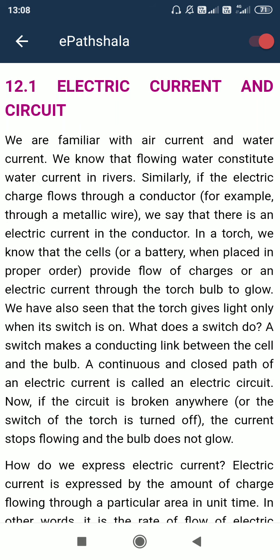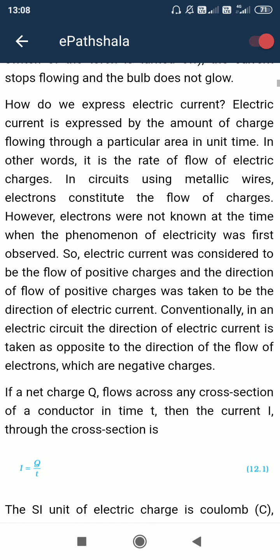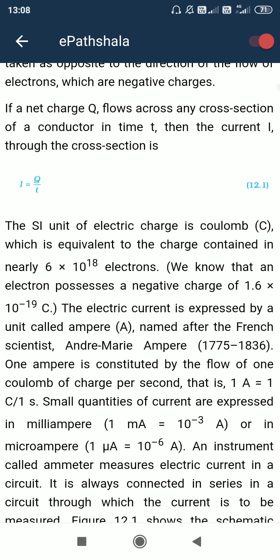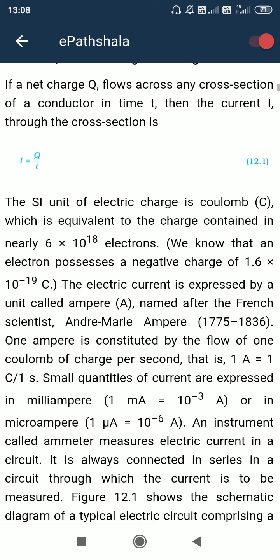Before the circuit, see here: I is equal to Q by T. Here I is the electric current. Current means the rate of flow of charge. Q is the amount of charge and T is the time.